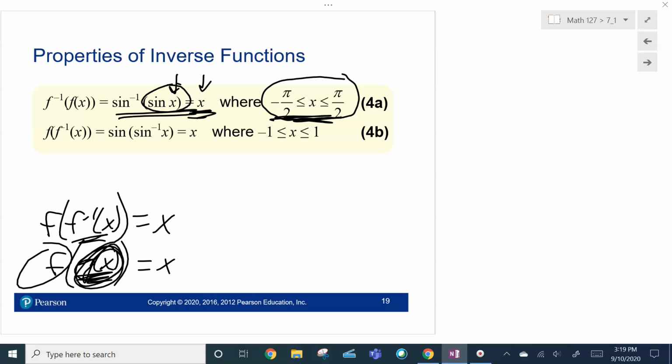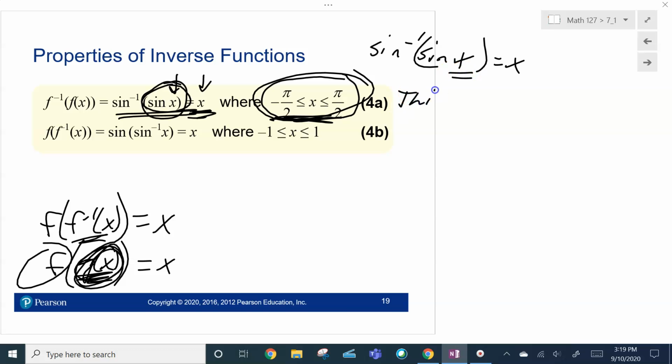But sine is not normally restricted. So again, the arc sine of the sine of x is x, as long as this is true. If x is not between there, then you're going to have to really think about it. And I'll talk about what I mean, think about it, if not.